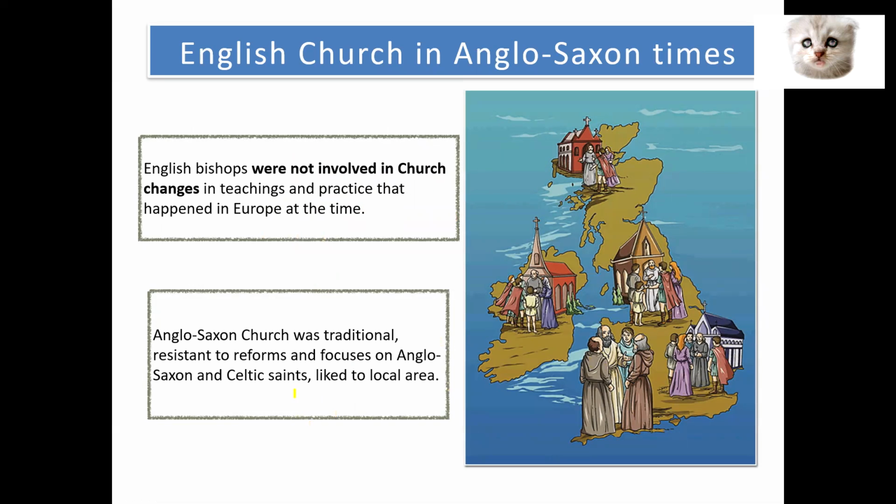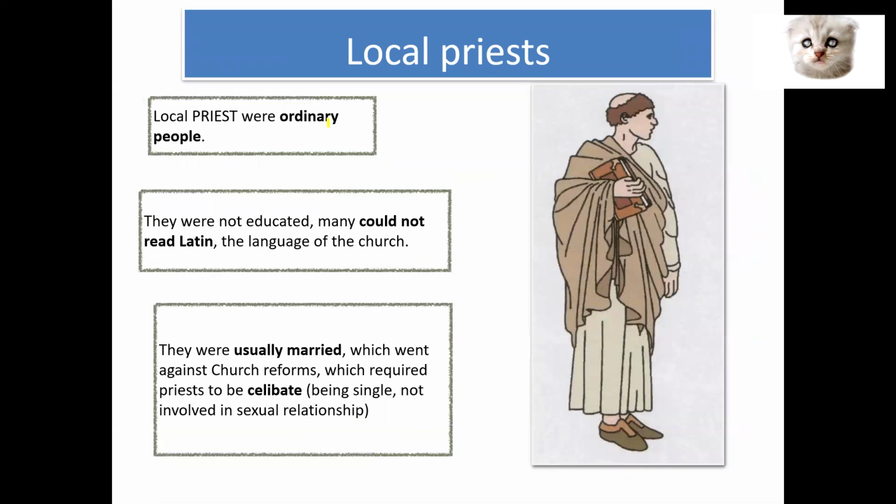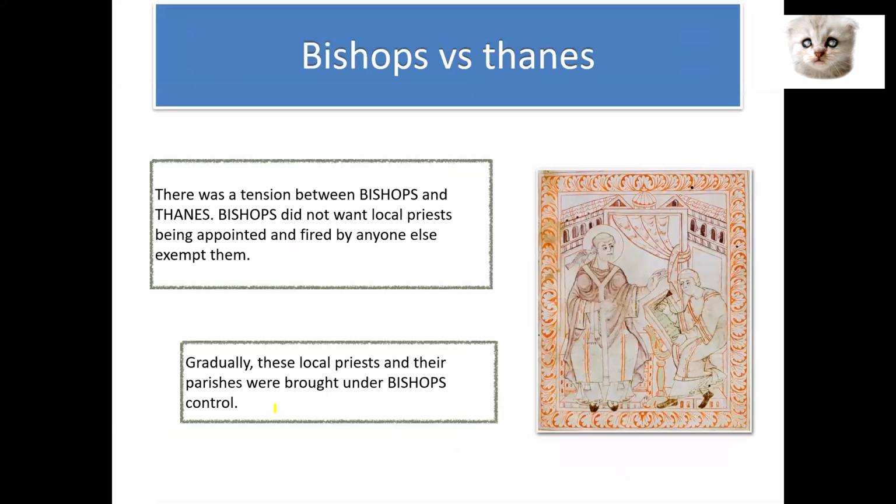The church was traditional, resisted reforms, and focused particularly on the local areas. It was organised into large areas controlled by bishops. Bishops were rich and important, and they served on the Witan. Local priests were ordinary people. They were not well educated and usually married.